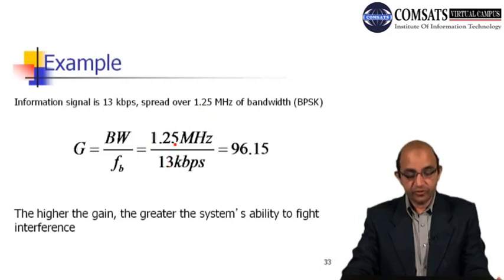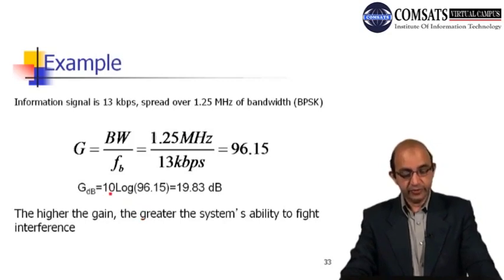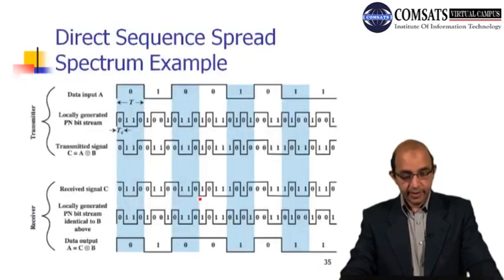The higher the gain, the greater the system's ability to fight the interference. If I have to convert this into dBs, we take 10 log 96.15, and it comes out to 19.83 dB.